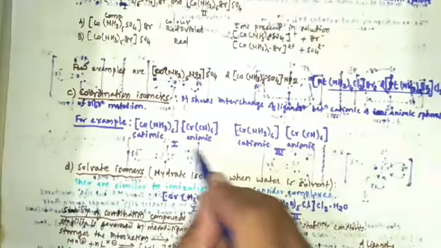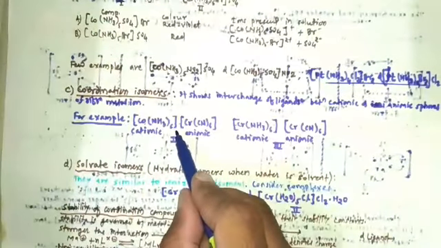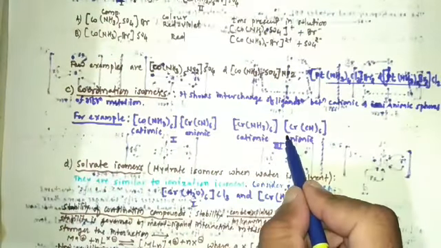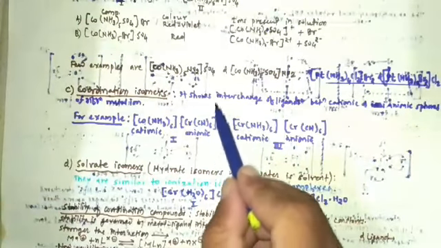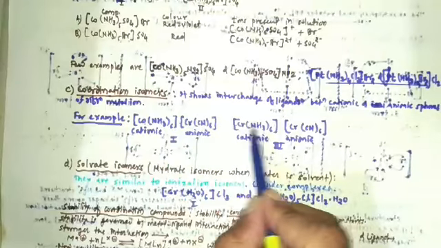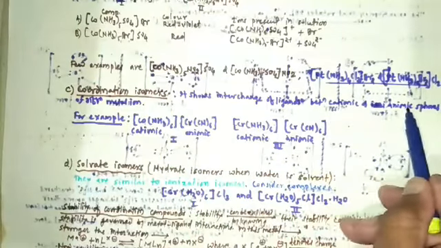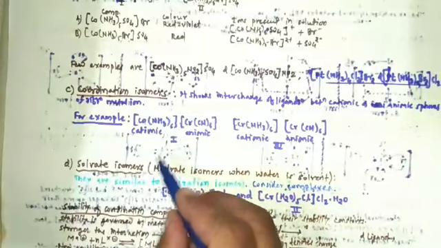So here the first and second are the examples of coordination isomers, because these two isomers show interchange of ligands between cationic and anionic pairs of different metal ions.